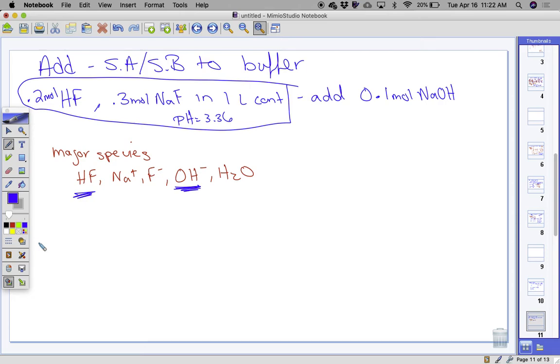The strong base is going to react with the weak acid. The thought process for this is that the strong base reacts completely with the HF. Then the HF is going to be allowed to shift back to equilibrium.